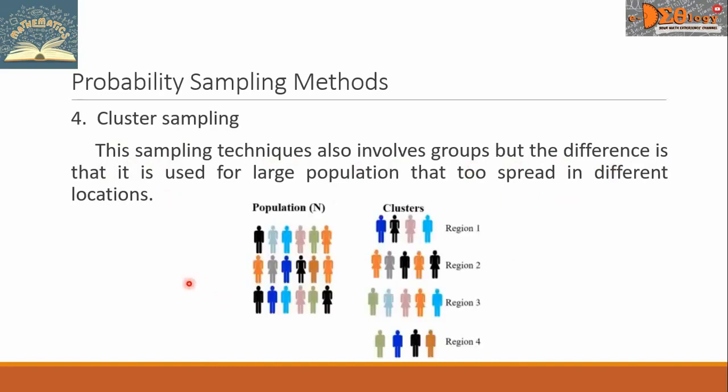As an illustration, suppose this is the total population. It is divided into clusters, say region 1, region 2, 3, and 4 respectively, and then a sample is taken from each region.